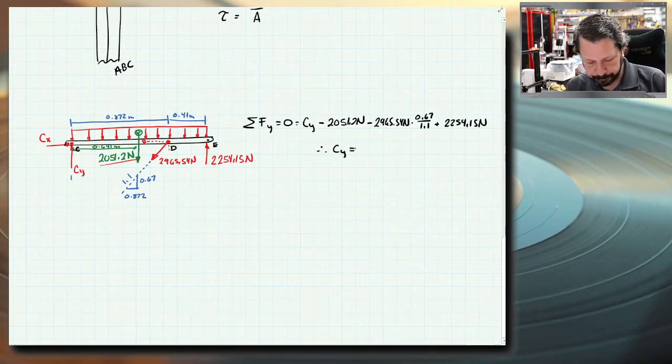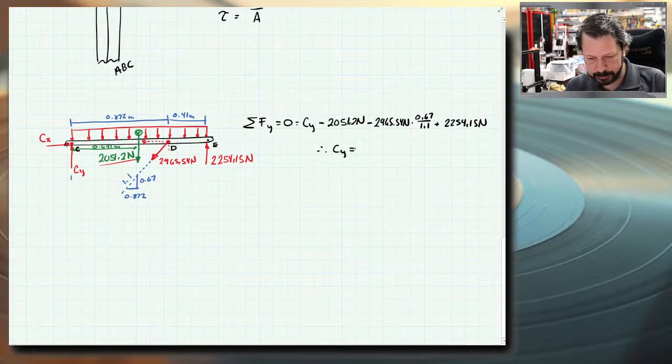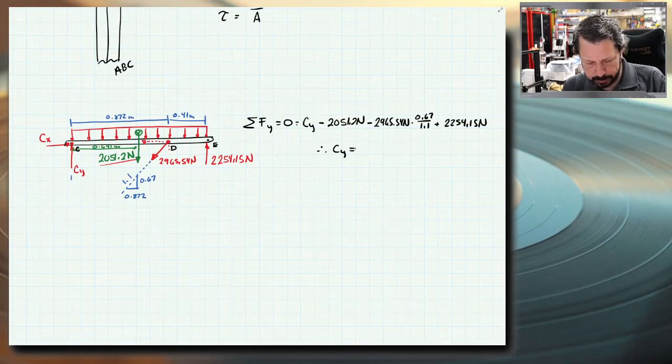Let's see. 2051.2 minus 2965.54 times 0.67 over 1.1 plus 2254.15. Oh, you know what? I didn't put, that's a negative 2051.2, so I need to put a negative in there. Let's start over.